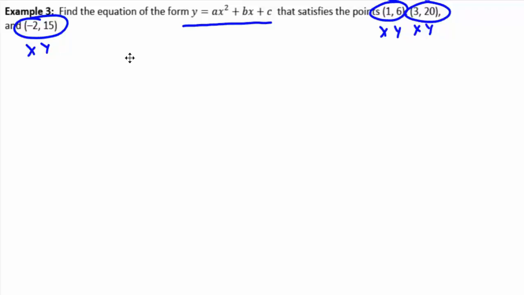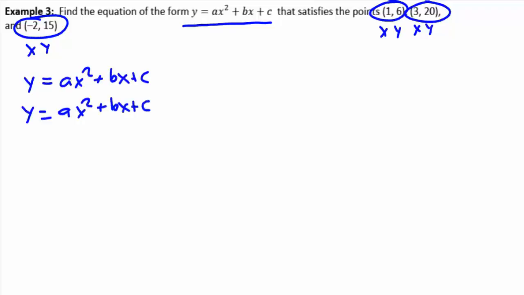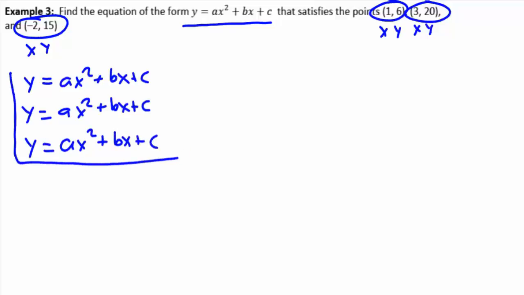So I'm going to write y equals ax squared plus bx plus c, because I have 3 different points, 3 different x's, 3 different y's. So literally, you're writing the equation 3 times. Here's our system. Now fill in what we know.